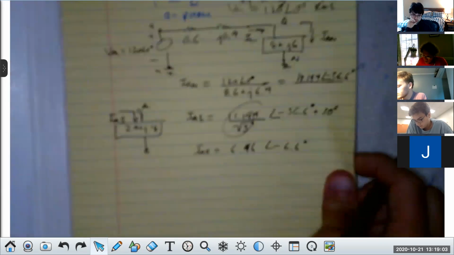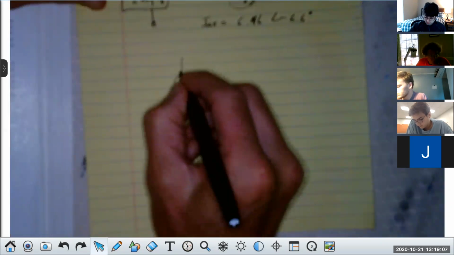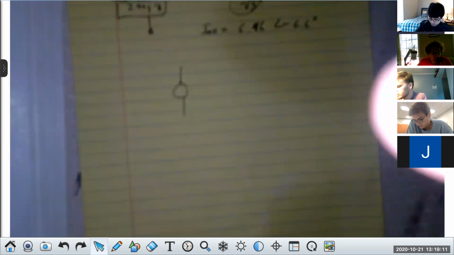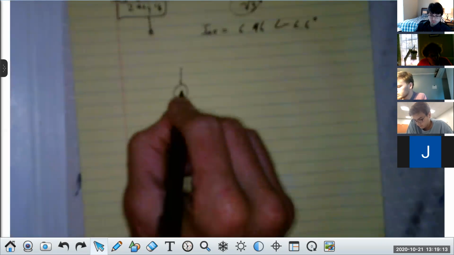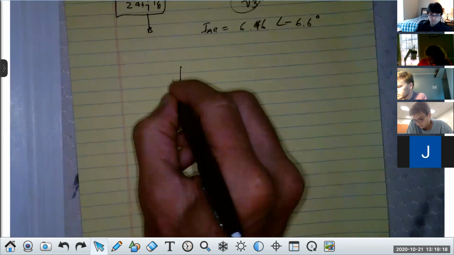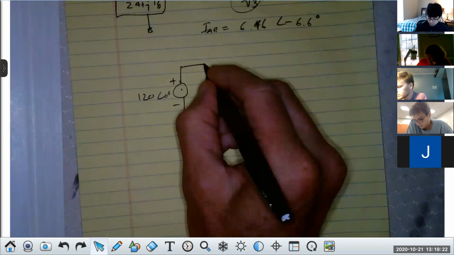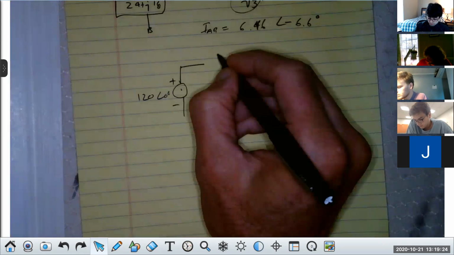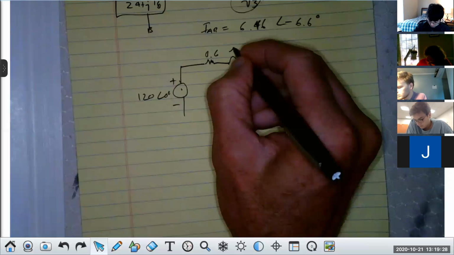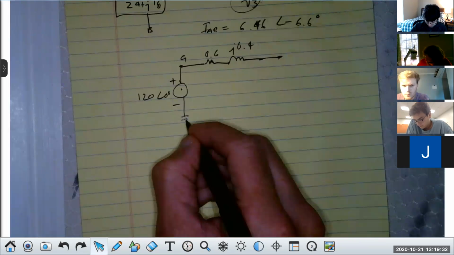So you don't need to redraw this, but I'm going to take the 120 volt source. I know it's out of focus. I'm just redrawing the circuit for everybody's benefit. Plus the minus, it's just 120 RMS at 0. Then my line impedance is 0.6, and this is J 0.4. This is the small a, this is the neutral, right?